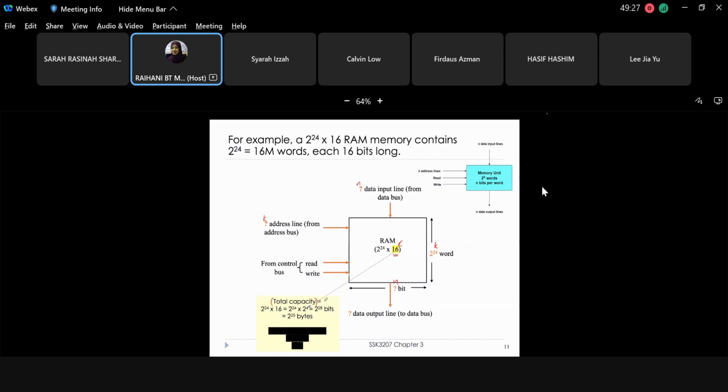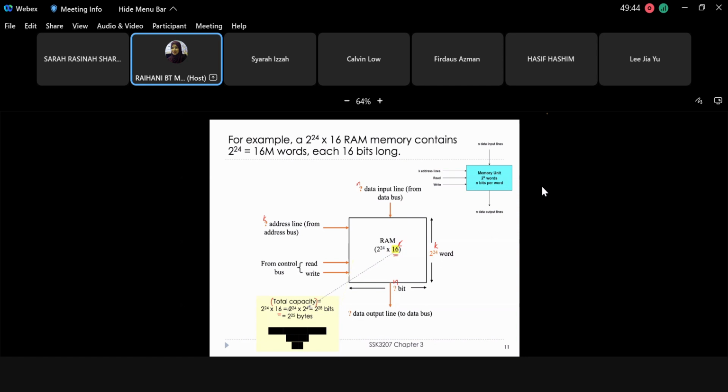Basically, you need to transform the 16 into a power of base 2.